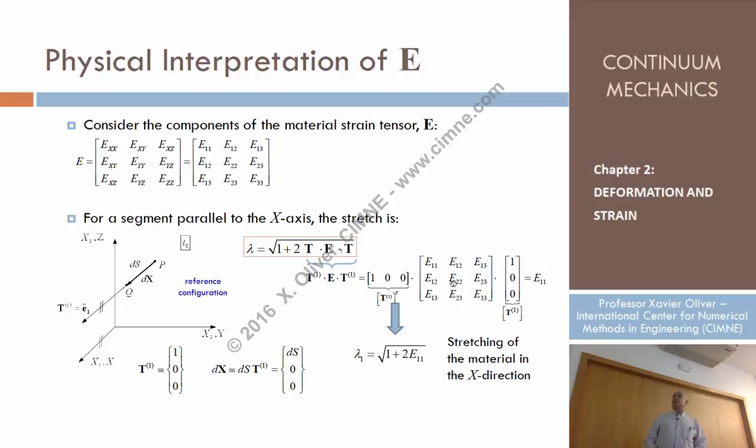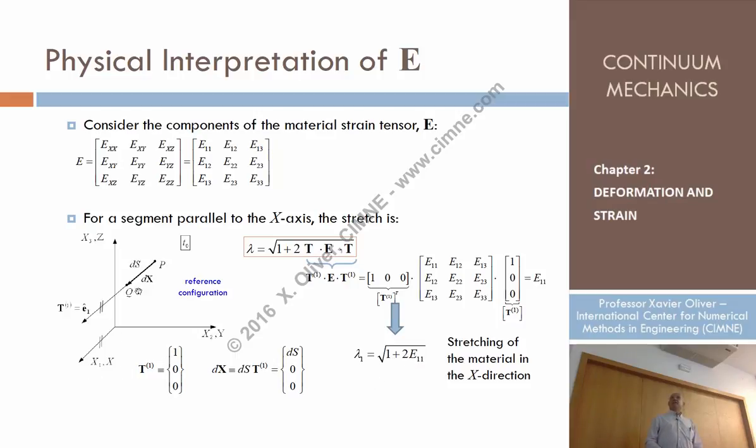In other words, multiplication of the matrix times this vector gives the first column of the matrix. And the multiplication of the first column times this is 1 times E11 plus 0 times 0 plus 0 times 0. So the final result is E11. Easy to obtain. So finally, the result in that case is the square root of 1 plus 2E11.